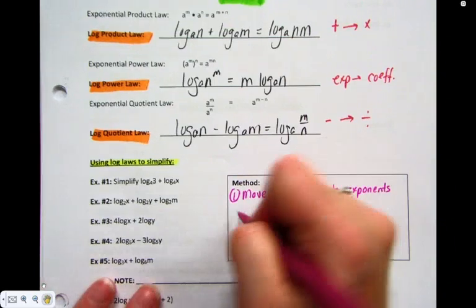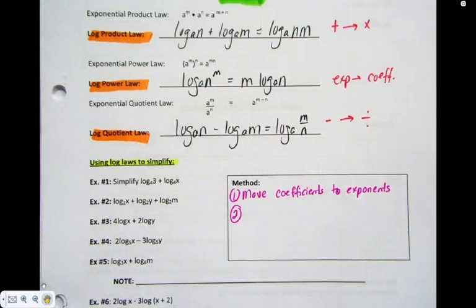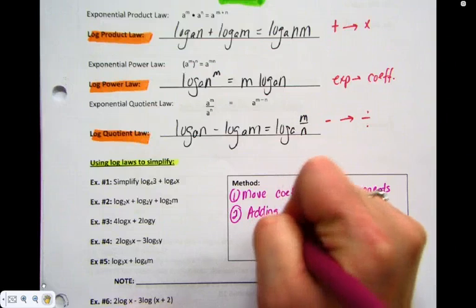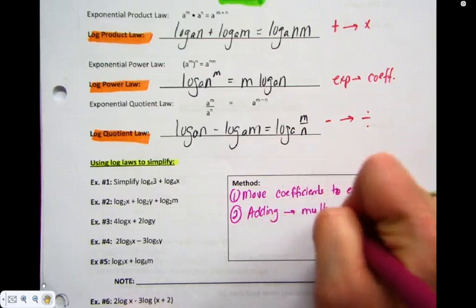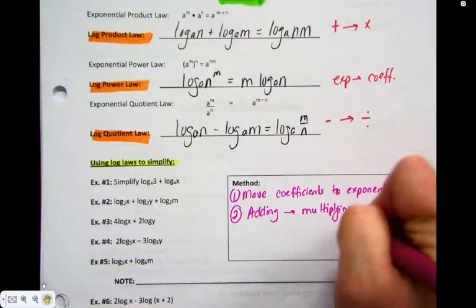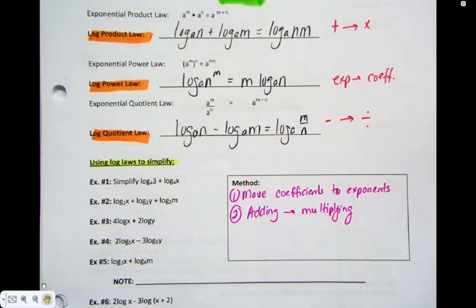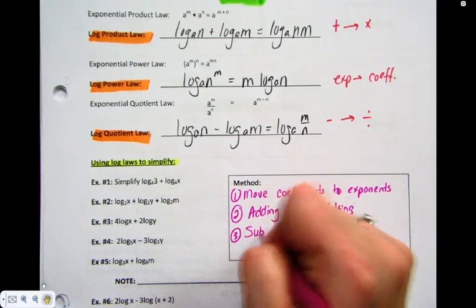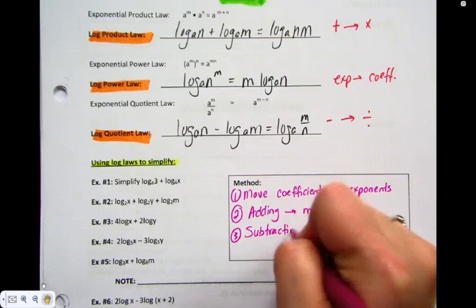It's just simple BEDMAS. Adding becomes multiplying. Subtracting becomes, there you got it, division.